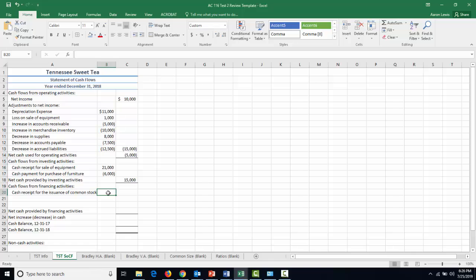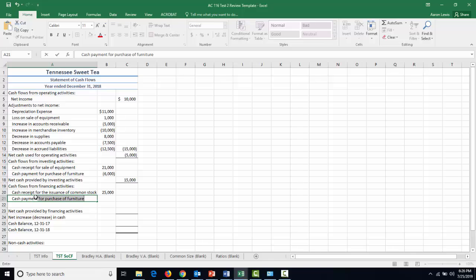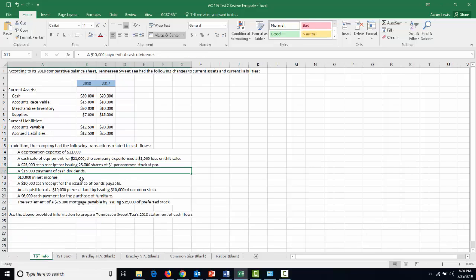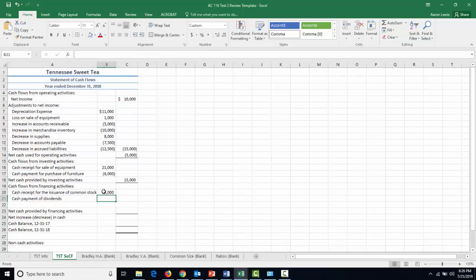Since we are the ones issuing the stock and therefore taking in the money, we're going to put that in as a positive number. We had the cash payment of dividends, and the cash payment of dividends was for a total equaling $15,000. Since we're paying the dividends out of the company, it's going to decrease our cash flow from financing activities, so we'll put that in negative.